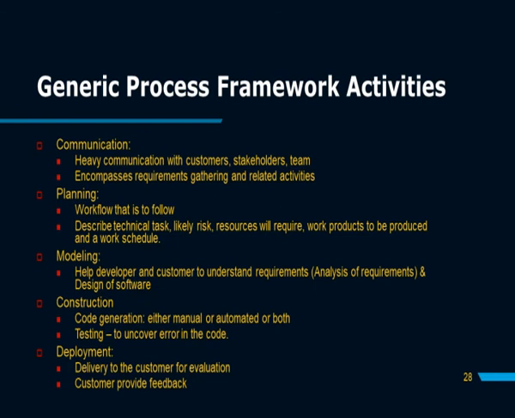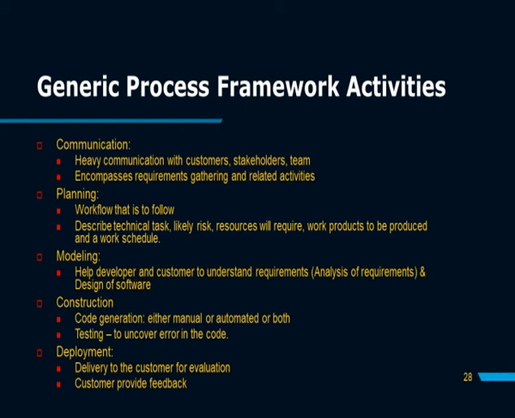Communication involves heavy communication with the customer and other stakeholders and encompasses requirements gathering. Then planning describes the technical tasks to be conducted, the risks that are likely, the resources that will be required, the work products to be produced, and a work schedule.